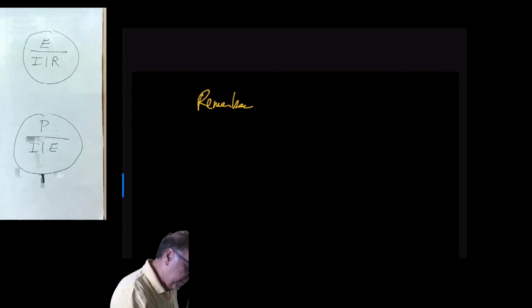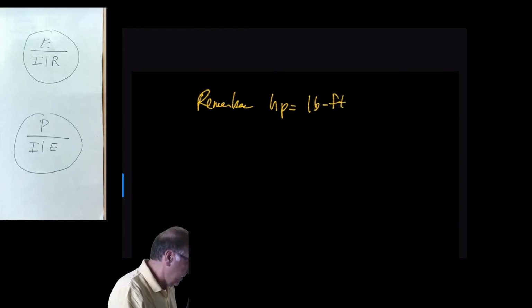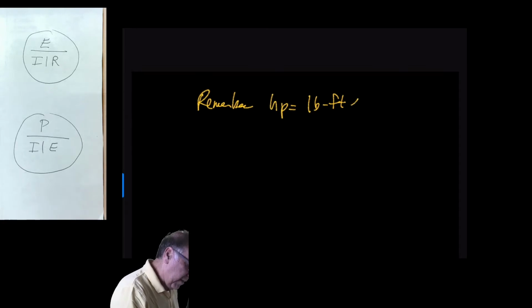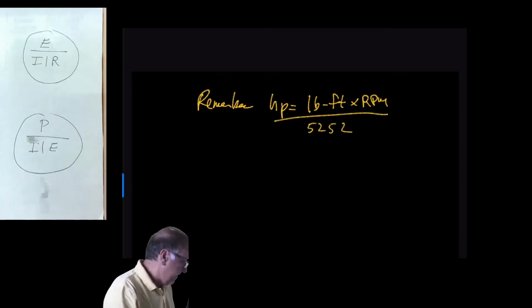Horsepower equals pound-feet or foot-pounds, as torque is often called, either one, times RPM divided by 5252.